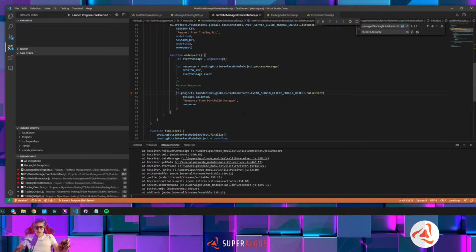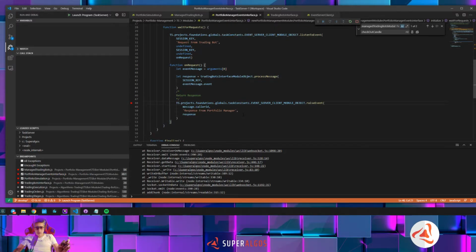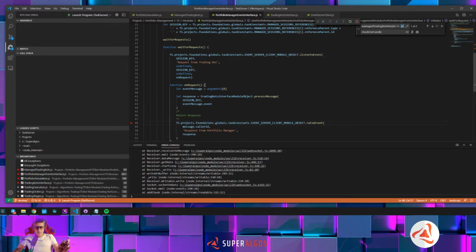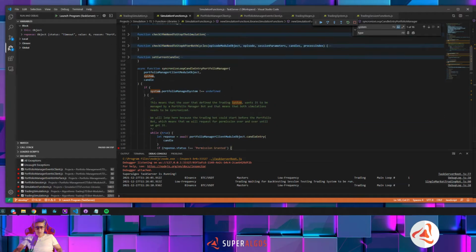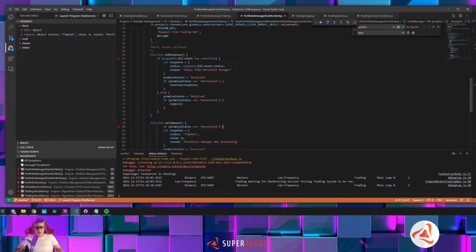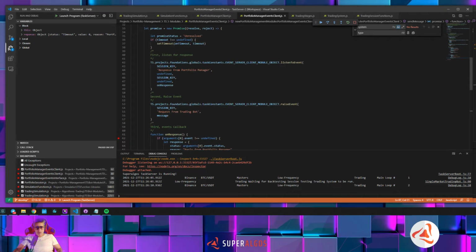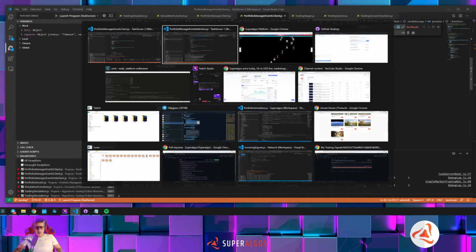Why message caller ID? When the other guy raised the event here, we are using the session key here and here.